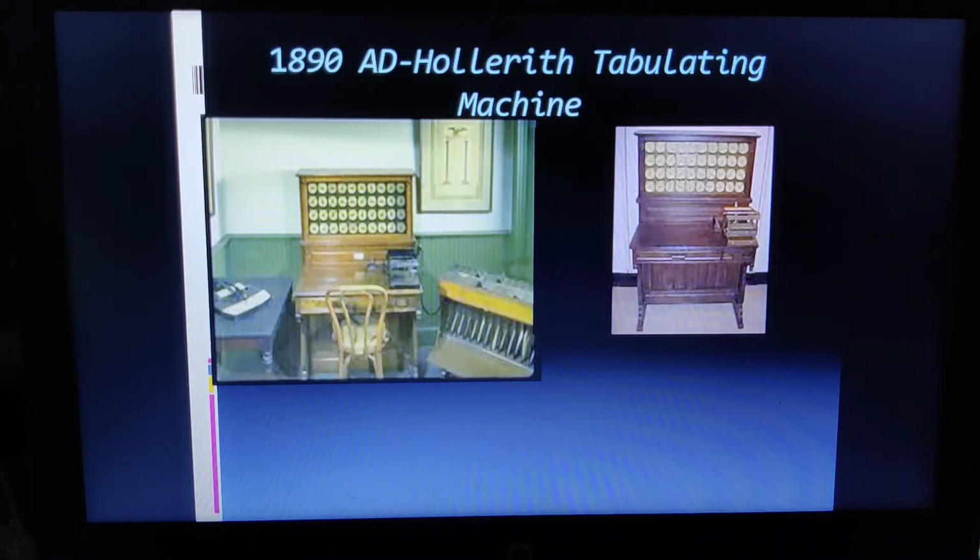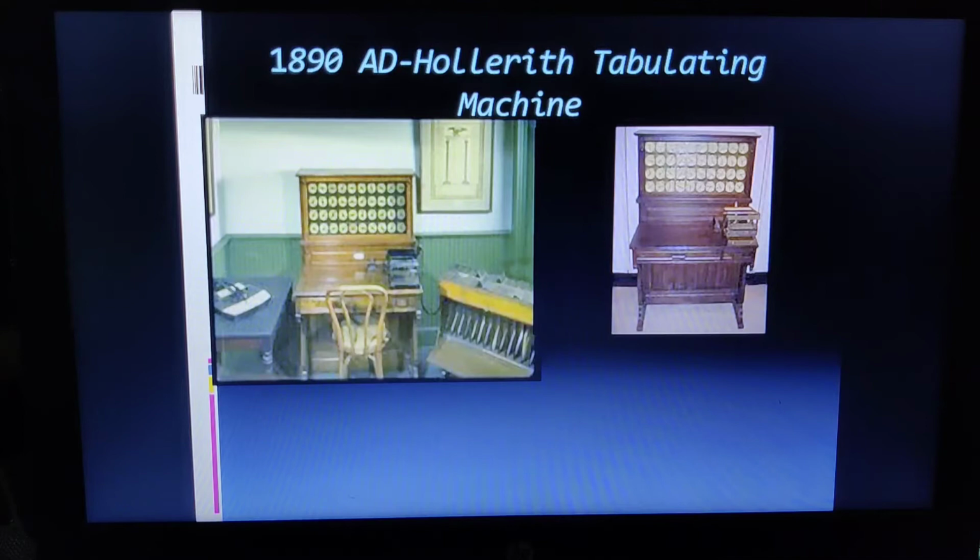Initially it was able to perform only addition and subtraction, and later, as upgrades took place, it was able to perform addition, subtraction, division as well as multiplication of thousands of numbers. So this was all about the adding machine.